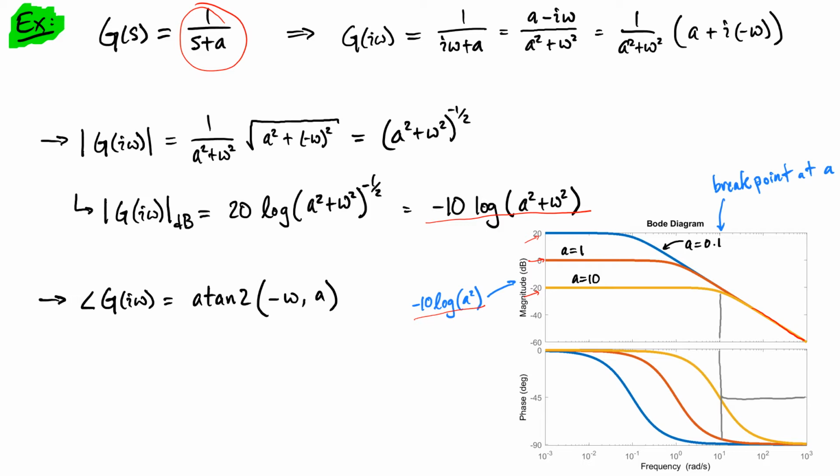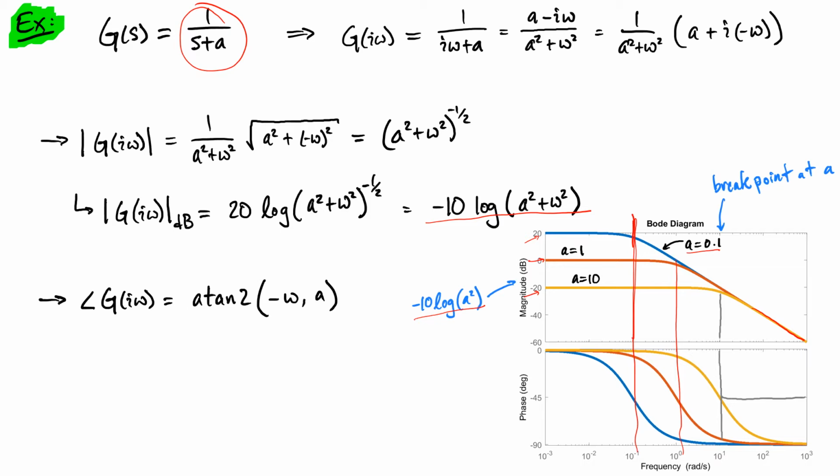So this breakpoint for a being 0.1 is indeed when omega is at about 0.1, and at a equal to 1, that happens at omega equal to 1, and so on. So that breakpoint keeps shifting to the right. And so it's a different way of visualizing essentially the same Bode plot, but this y-intercept change does affect it.